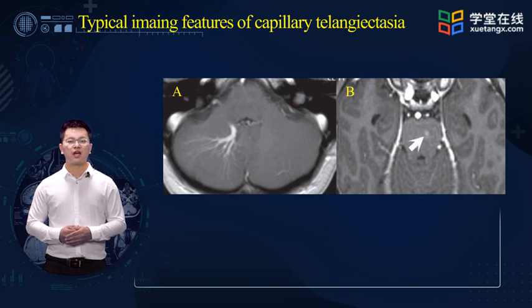A classic caput medusae composed of multiple small veins draining into a single large vein is well seen in the first patient. In the cerebellum, as illustrated, drainage is usually into the sigmoid sinus. In the second patient, a small lesion with mild contrast enhancement is seen on thin section imaging in the pons.